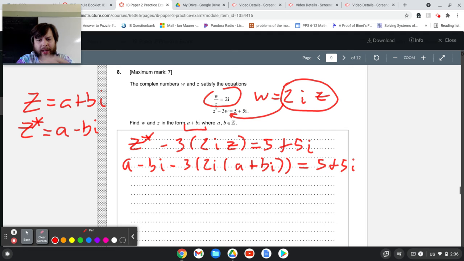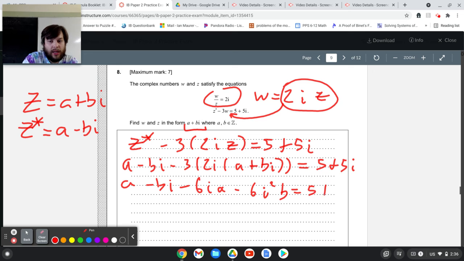Now it's just multiplying and gathering everything together. So a minus bi minus 6ia, that's 3 times 2i times a, and then minus 6i squared b. Now remember that i squared is equal to negative 1, and so this last term right here is actually going to be a real number.